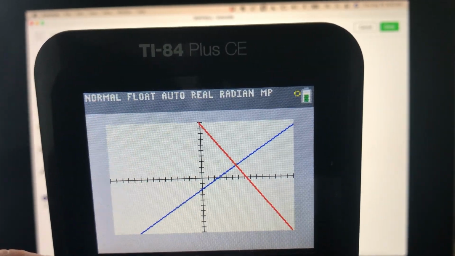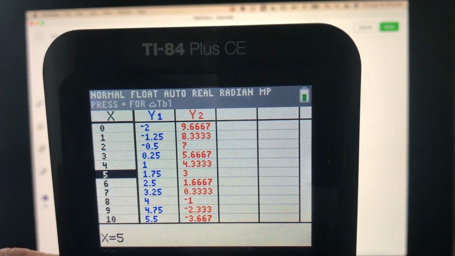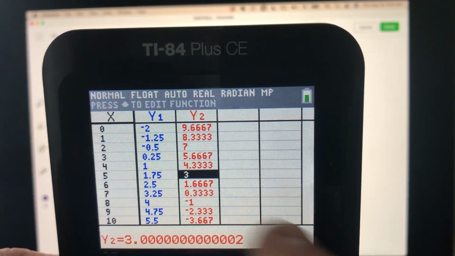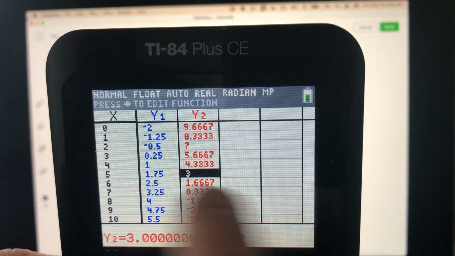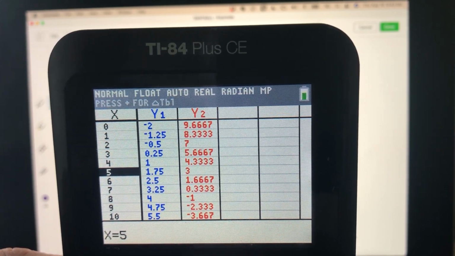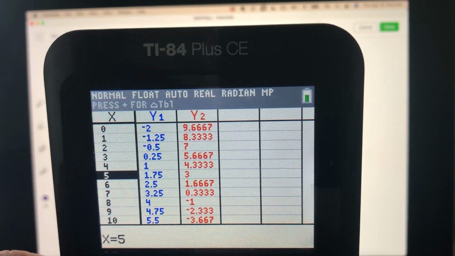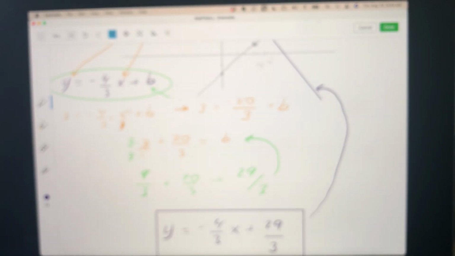For the 5, we can see 5 goes with the 3. So the red line that we just made goes through the given point (5, 3), which is what we had to do for this question. And that's it. We have found an equation of a perpendicular line through a given point.